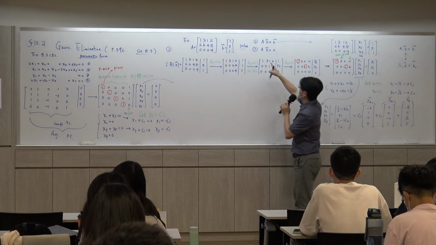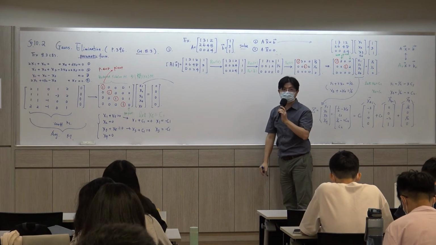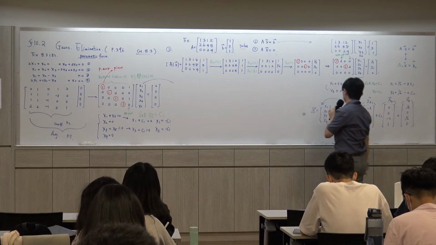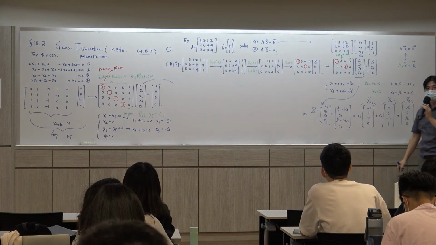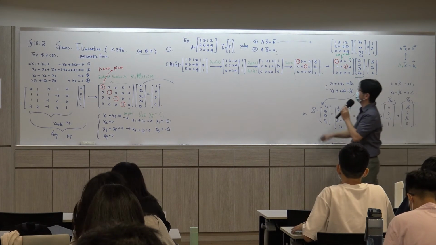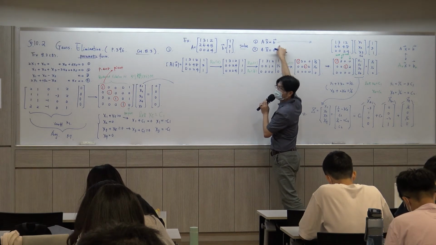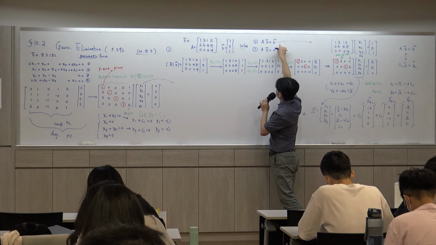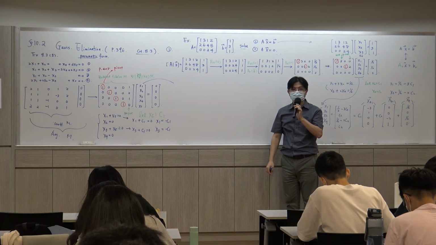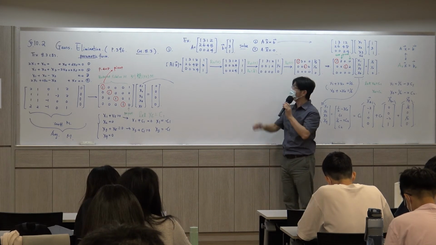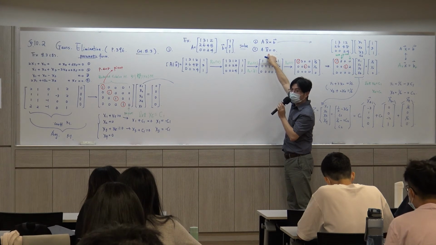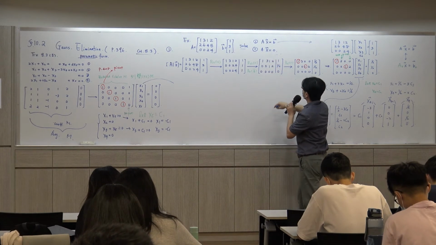If AS equals 0, what can you expect the change between the two solutions? So the first one, the solution could be considered as a non-homogeneous solution. This one could be considered as a homogeneous solution, right?